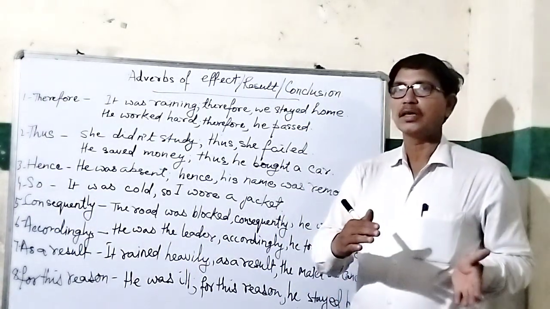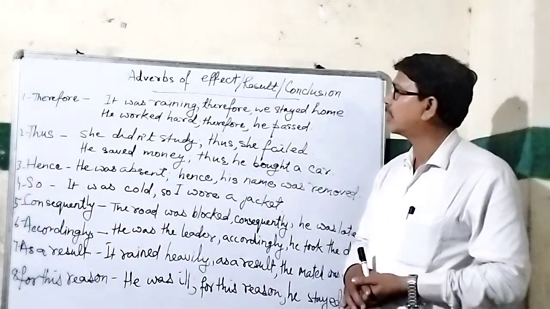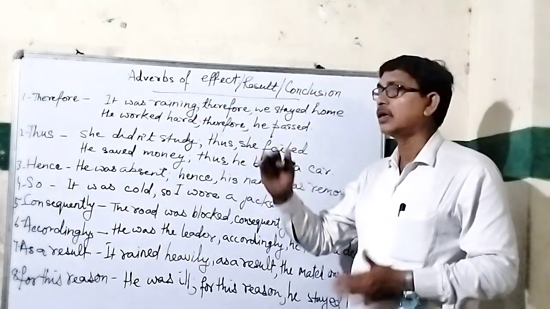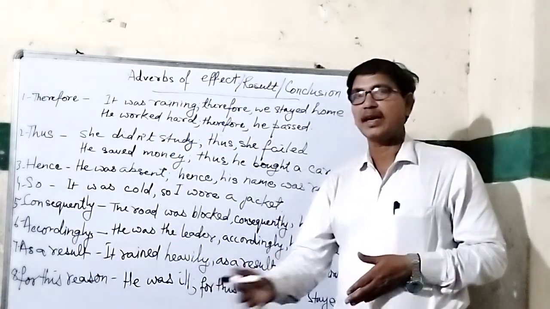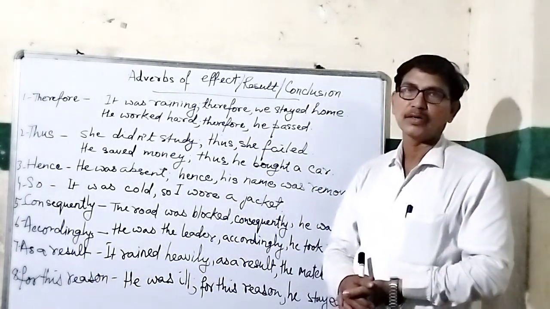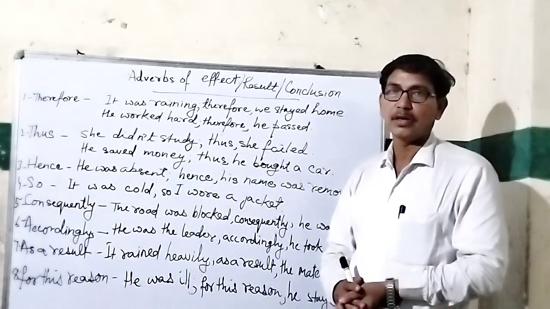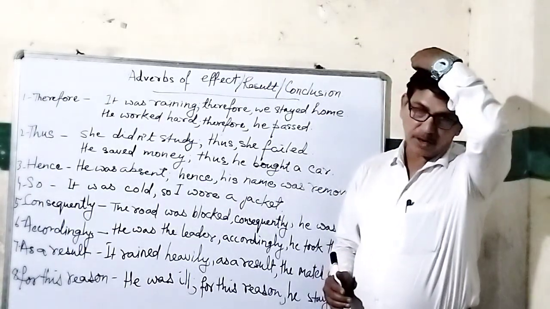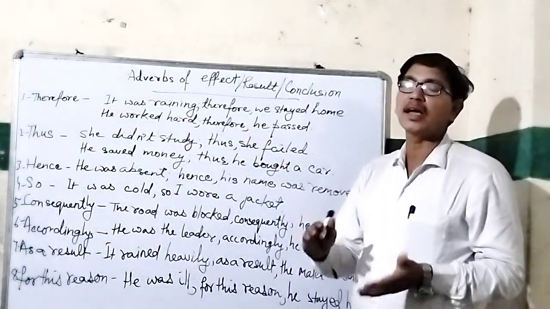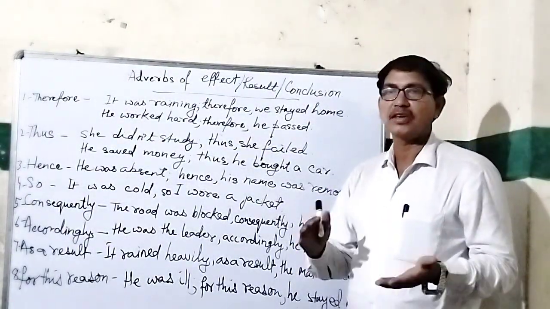So cause is used with because and words like that, but here what is the result of that action? What is the conclusion of that action? So this is used with an adverb. Next point, it must be clear that sometimes students confuse conjunction and adverb.